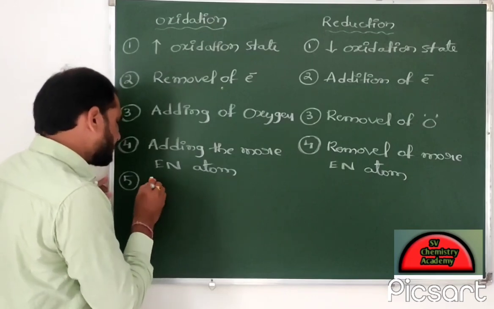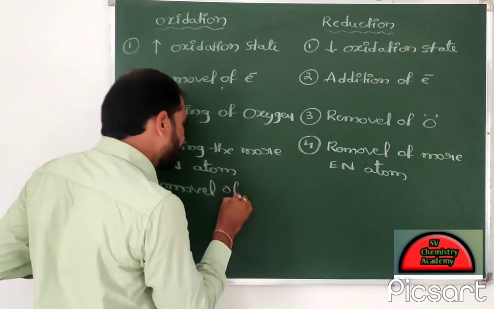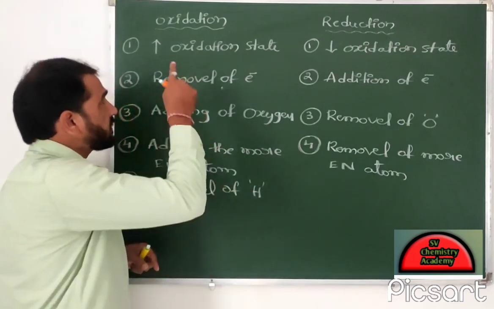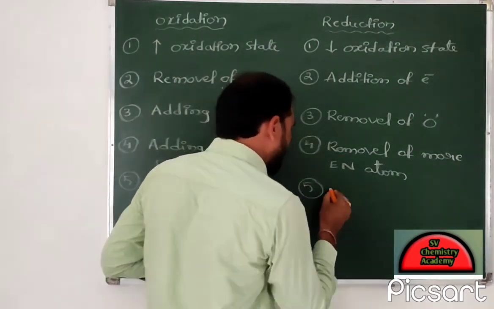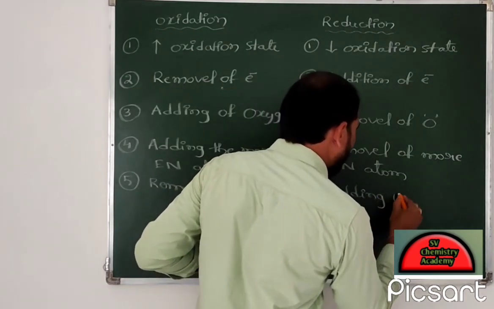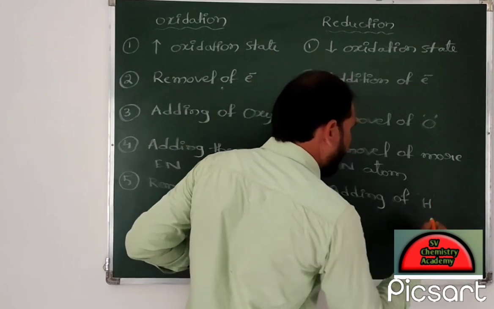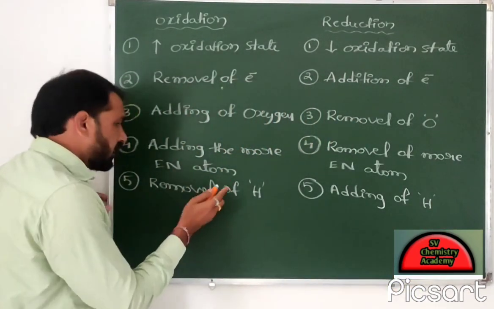Then coming to the next point under the oxidation process: removal of hydrogen. Removal of hydrogen is called oxidation. Then what about reduction? Adding of hydrogen is called reduction.